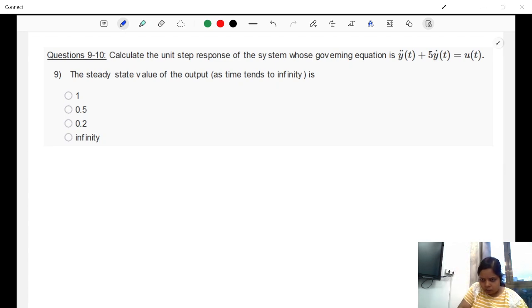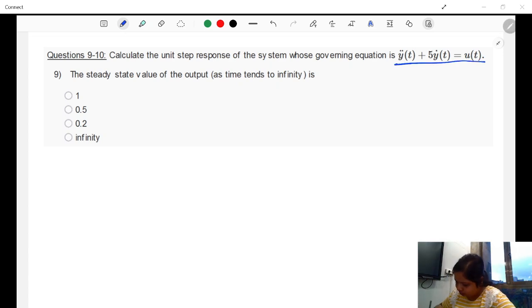Now we'll move on to the next question. Okay. So this is the equation. And again, we want to find out the steady state value of the output. So and we have the same unit step response. Please solve this question. This is a very similar question as that of the last one.